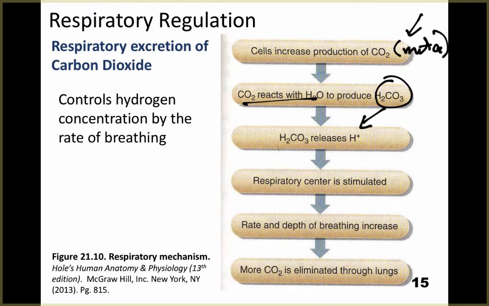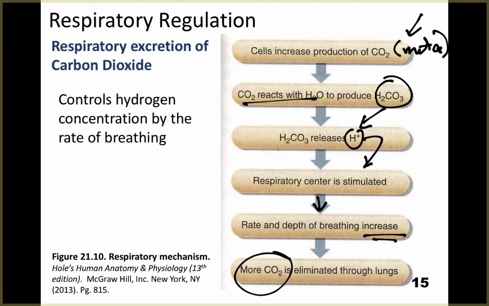Carbonic acid, as you remember, can release hydrogens, and this hydrogen will stimulate the respiratory systems to activate. Depending on what's there, it can increase the rate and depth of breathing. The deeper and faster you breathe, the more CO2 is going to be eliminated through your lungs.